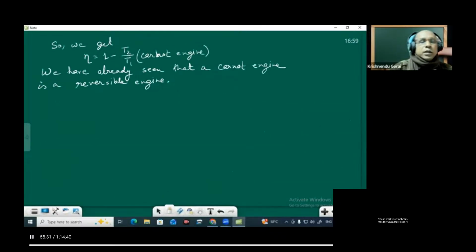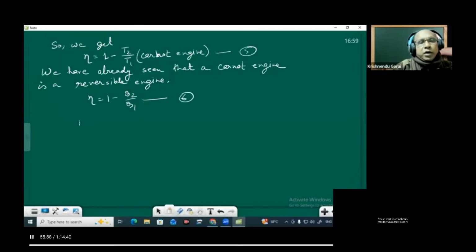So what is the eta of a Carnot engine? 1 minus T2 by T1, right? Here we find the final remark: eta is also equal to 1 minus Q2 by Q1. You got it from the definition, right? Q1, Q2. This is, suppose, equation 5 and this is 6.